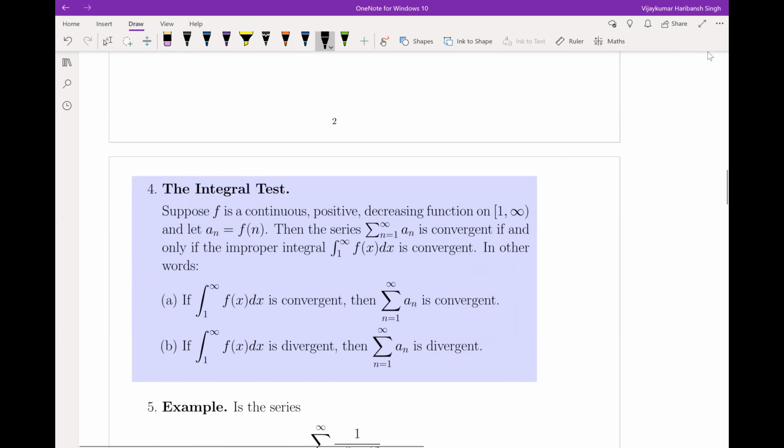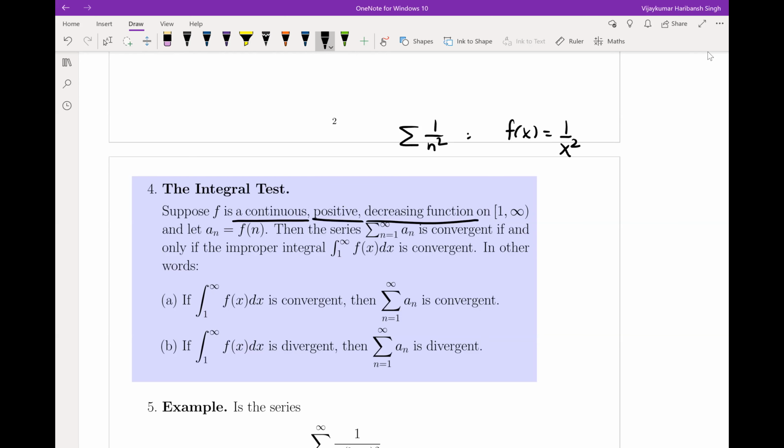So let f be a continuous, positive, and decreasing function on 1 to infinity, and let a_n be f of n. Let's go back to the original one. If you're looking at the summation of 1 by n squared, you were looking at f of x equals 1 by x squared.